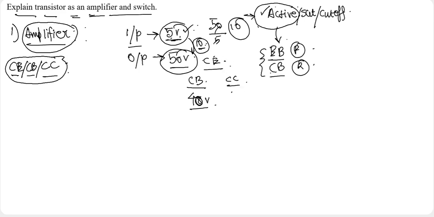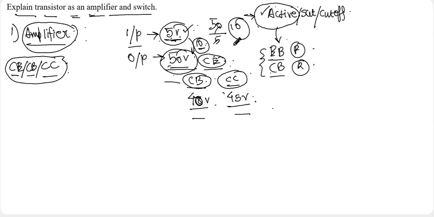So the output voltage becomes 45 volt. So we can see that the signal of 5 volt is amplified in all of these three cases. But the magnitude of amplification is different in all of these three. And this magnitude of amplification depends on the configuration of the transistor, whether it is in CE mode, CB mode, or CC mode.